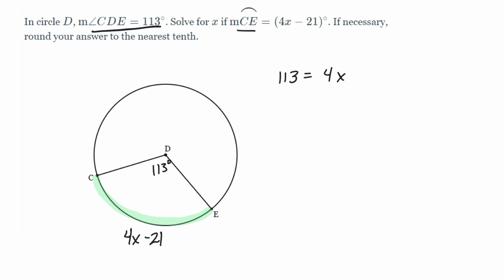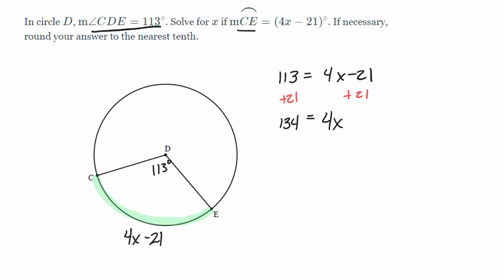So if that arc length is 113, we have to set it equal to 4x minus 21. Then it's just a two-step equation. We're going to add 21 to both sides. This gives me 134 equals 4x.